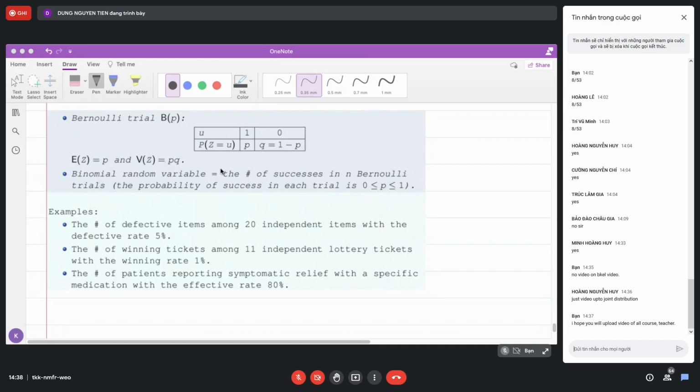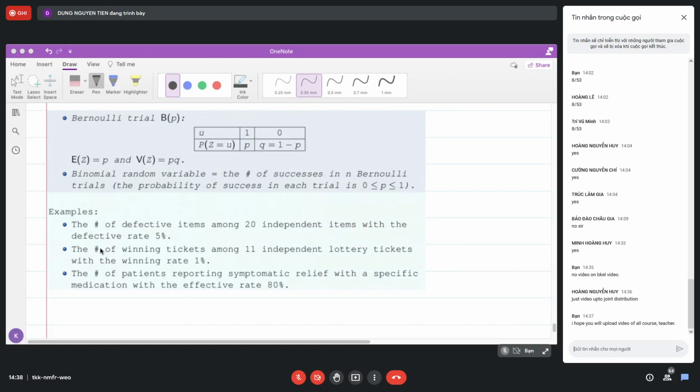Then a binomial random variable is the number of successes in n Bernoulli trials. For example, there are 20 independent items with defective rate 5%, and you count the number of defective items among them. That number is a random variable, and it is called a binomial random variable.